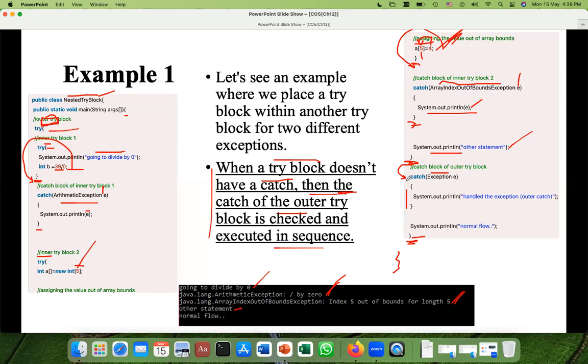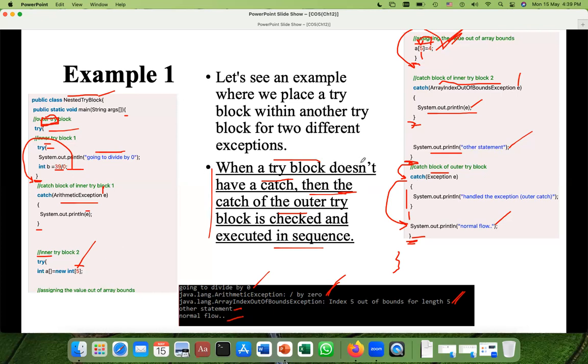The control will be forwarded to the end of the catch block. After the end of the catch block, this is the statement showing normal flow. That's why you will see that normal flow here.